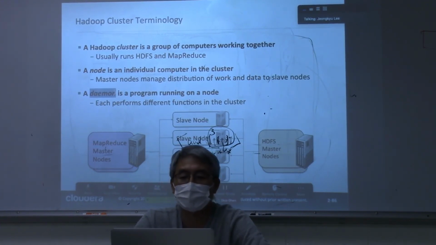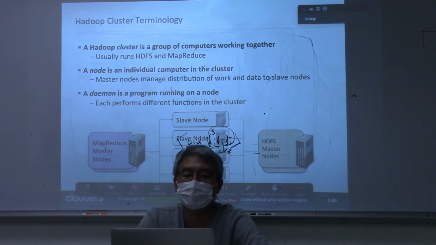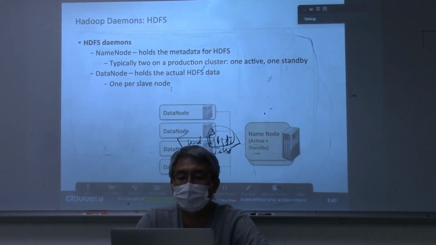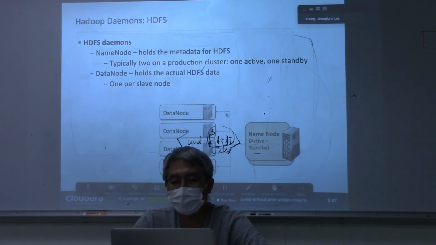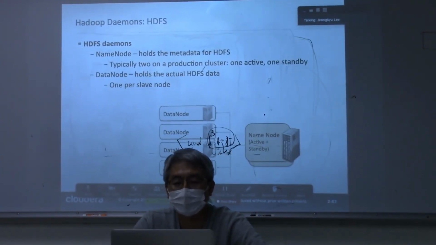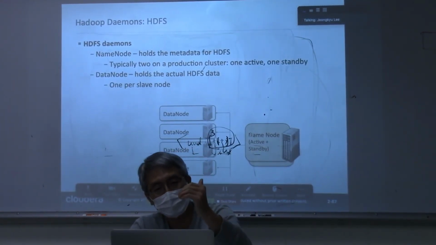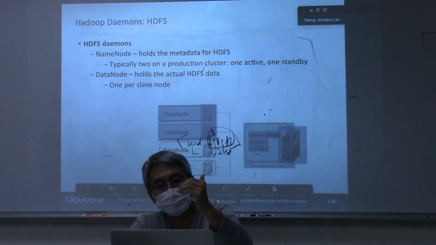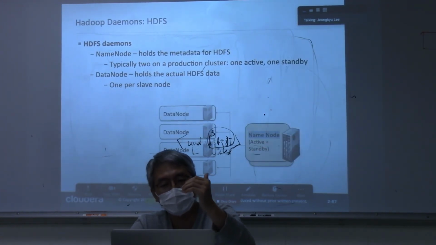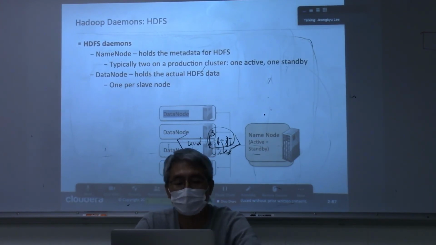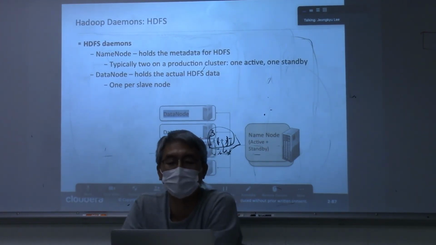So, in this case, there are 5 nodes. 4 of them are used for data nodes, and one of them is the name node. When you start your Hadoop cluster, the name node daemon will be started here, and on the slave nodes, the data node daemon process will be running.